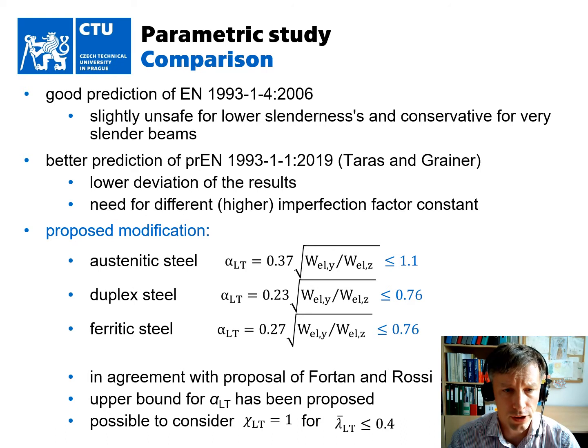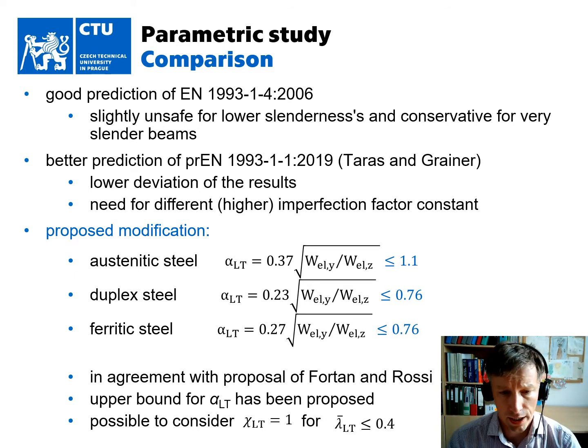We've observed better prediction with the proposal of Taras and Greiner, lower deviation of the results, and a clear need for a different imperfection factor for stainless steel members.